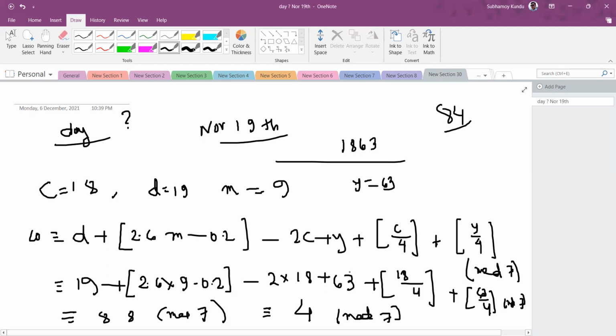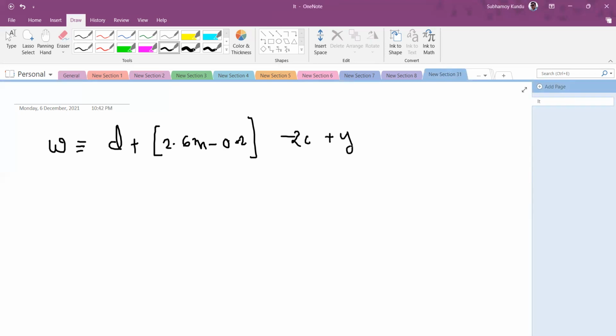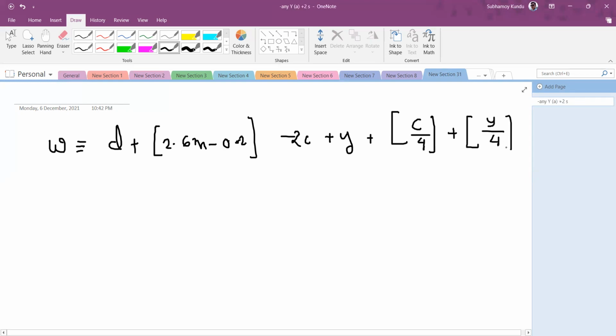So yes, this is my presentation, and let me write down the final theorem. W is d plus 2.6m minus 0.2 minus 2c plus y plus c by 4 plus y by 4.